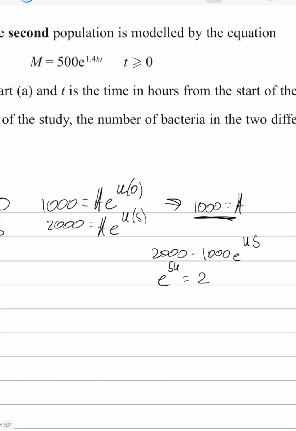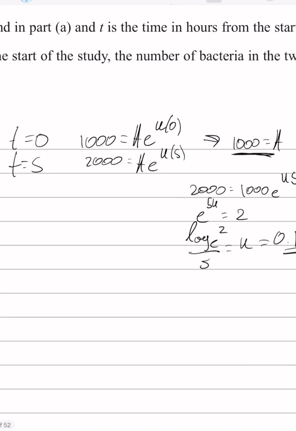Taking logs of both sides, we get log of 2 divided by 5 equals k. Therefore, k would be 0.139.